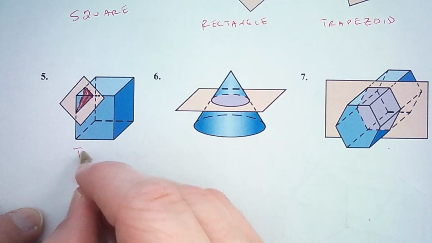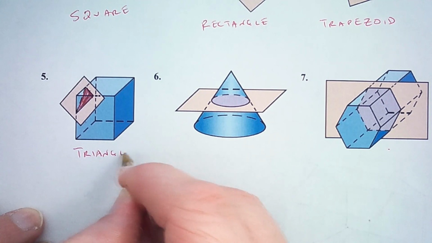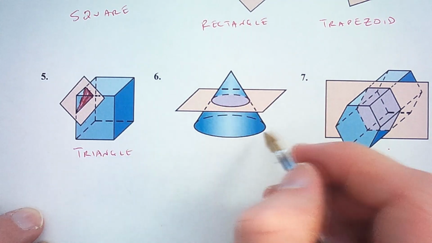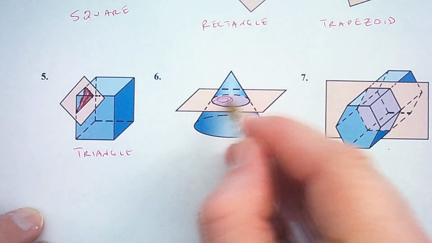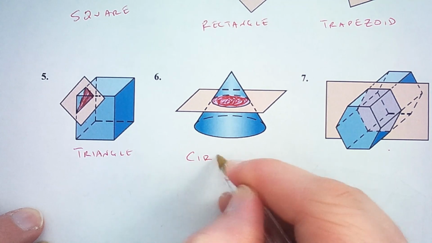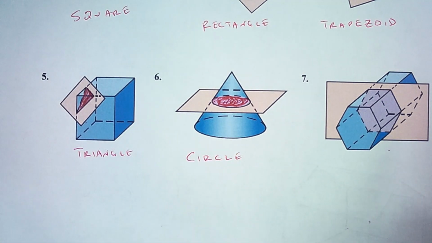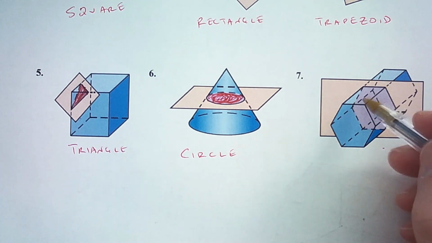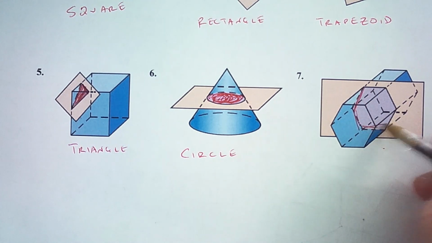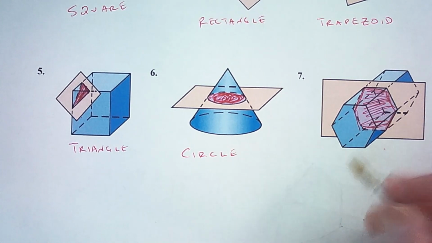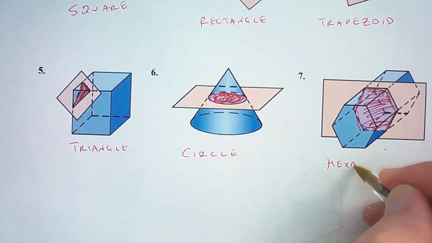There's the cross section. That is a triangle. Here's a cone cut by a plane parallel to the base. That cross section is a circle. And here is a hexagonal prism that is sliced between the bases, parallel to the bases, and we get a hexagon for a cross section.